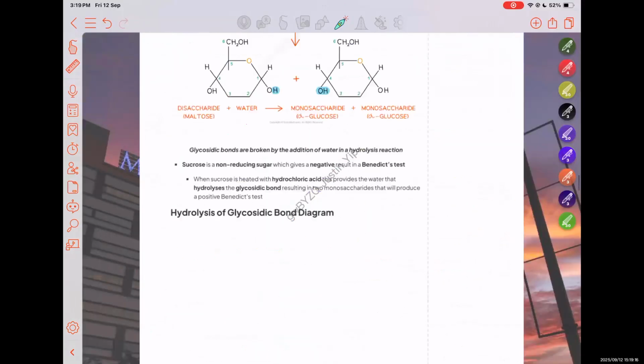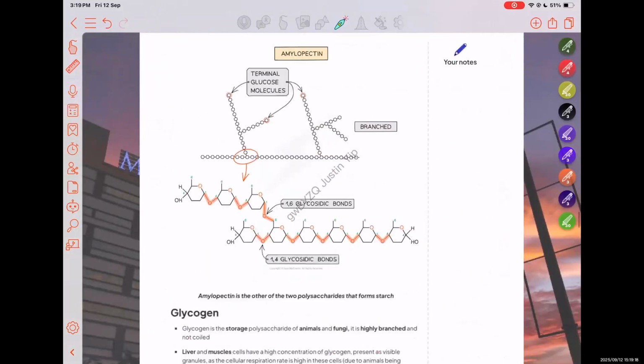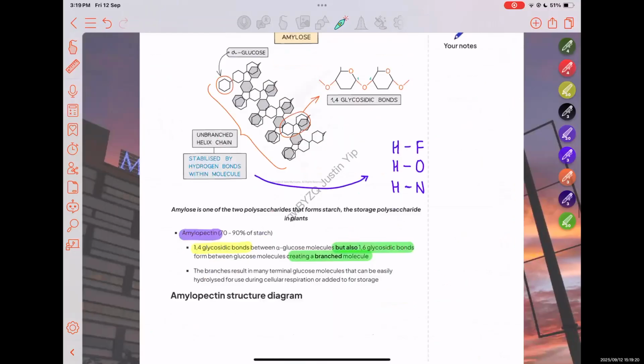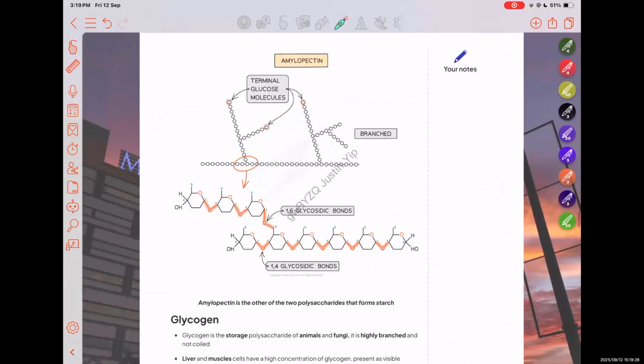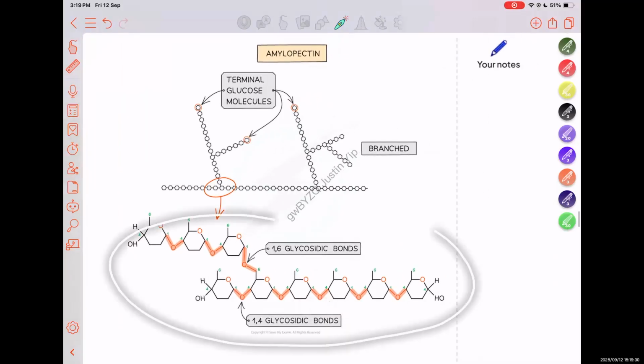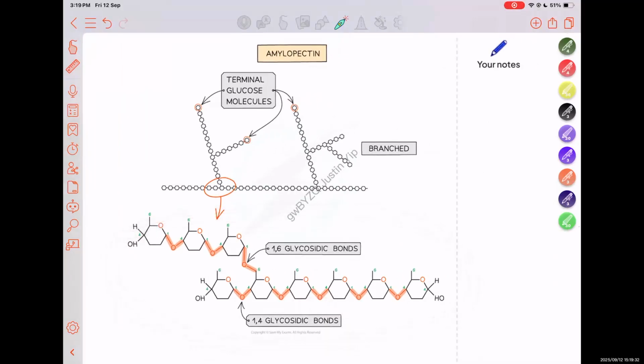So in amylopectin, you will have a branch, and the branch is connected by a 1,6 glycosidic bond. So the amylopectin structure looks like this. You see they have branches, and each of them has a terminal glucose molecule.